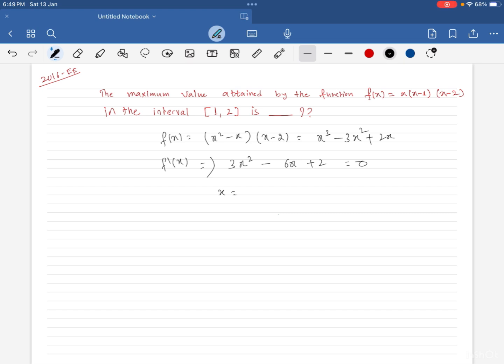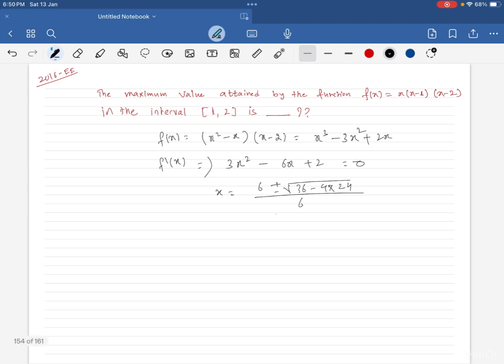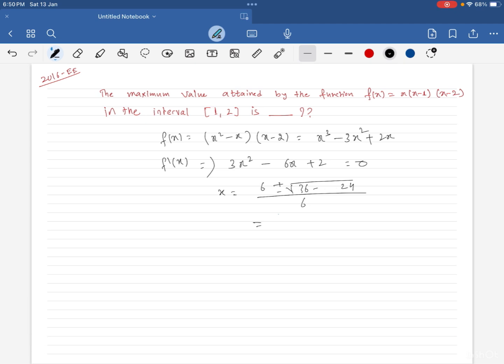From here we can find x, that will be minus b plus minus root over b square minus 4ac, divided by 2a, that is 6, right? And from here we will have 6 plus minus root of 36 minus 24, that is 12. So 2 root 3 divided by 6.